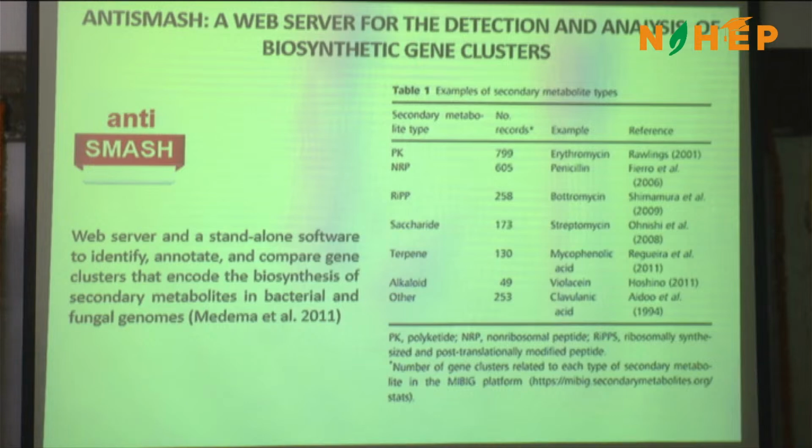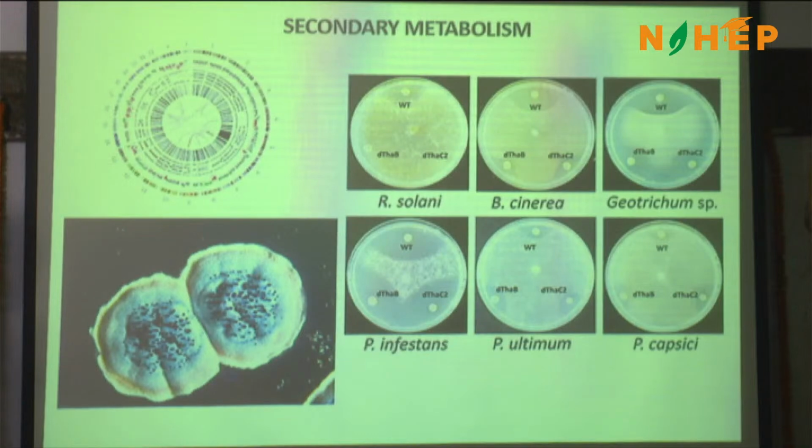Good. Well, antiSMASH is a web server and a standalone software to identify, annotate, and compare gene clusters that encode biosynthesis of secondary metabolites in bacterial and fungal genomes, okay? So most likely, the activity that you see here is caused by a secondary metabolite. A secondary metabolite is, for example, an antibiotic or any other compound that can kill other bacteria, fungus, etc. Okay?